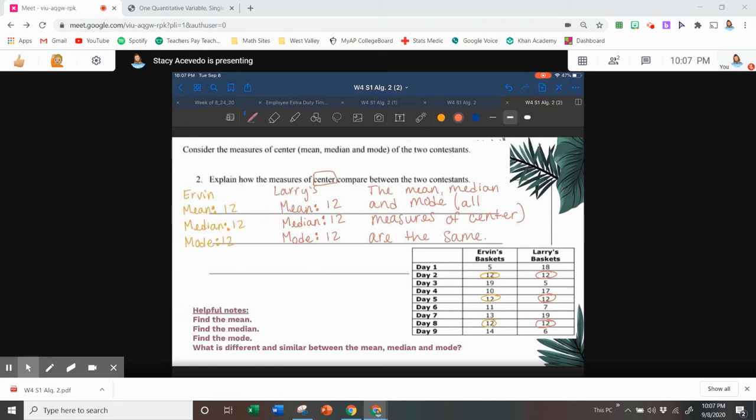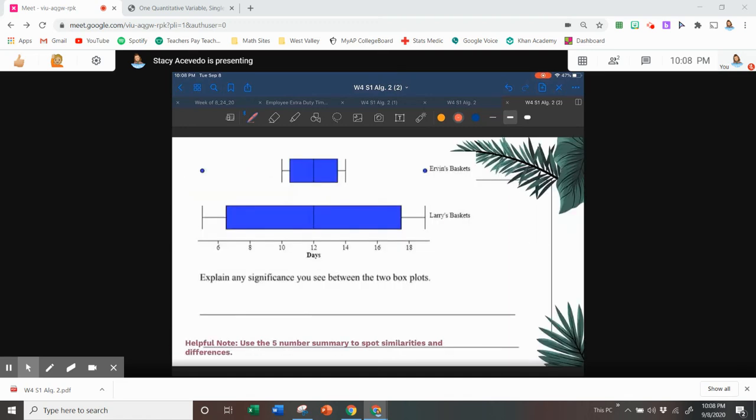Since they're all the same, let's investigate this a little further by taking a look at what their box plots look like. We know from our 5-number summary that this is the median. This represents the minimum. This is the maximum. And remember, this is Ervin's basket.